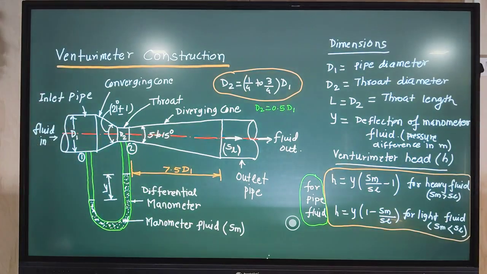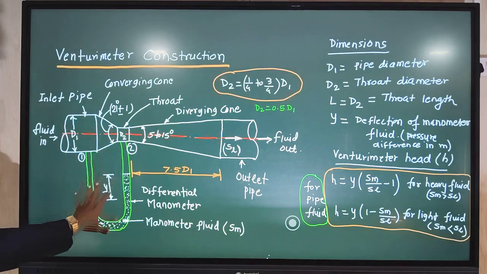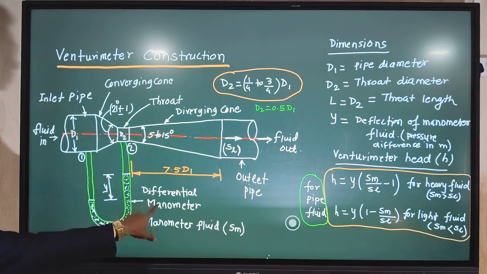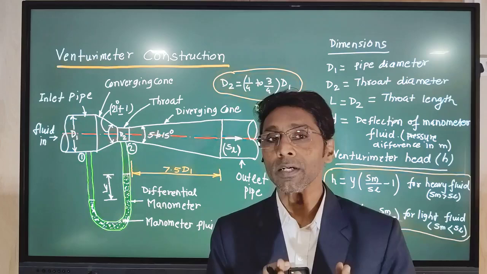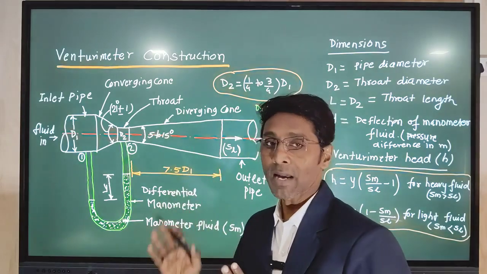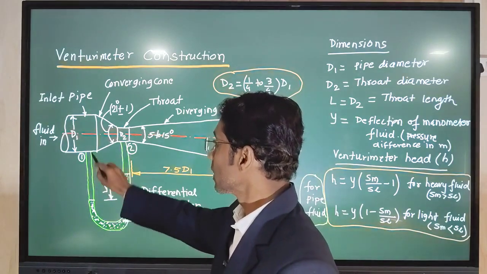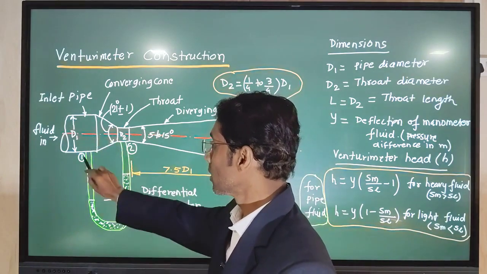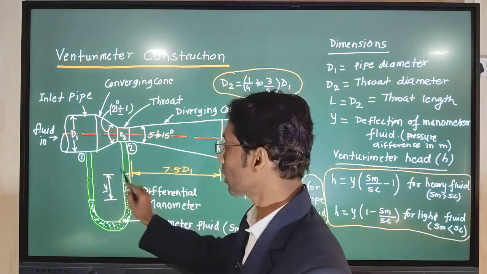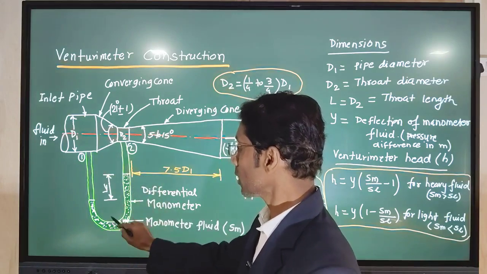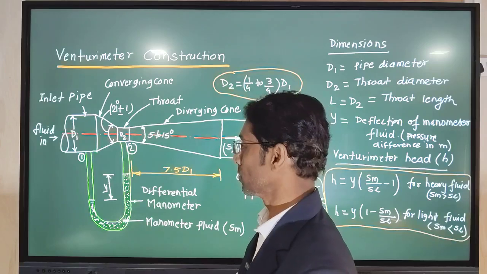Now in this Venturimeter, to measure the pressure difference, a differential manometer is used. This differential manometer is fitted to the Venturimeter and pipe section in such a way that the left side limb is fitted on the pipe. We call this point or location number 1, while the other limb of the U-tube manometer is fitted over the throat section, location 2.